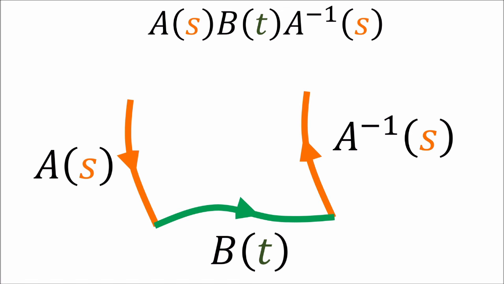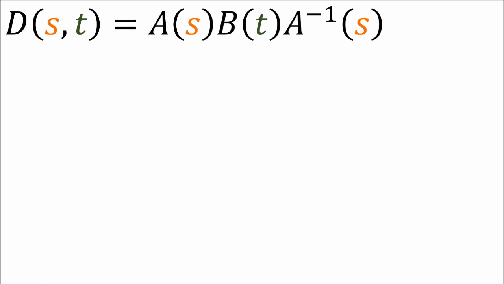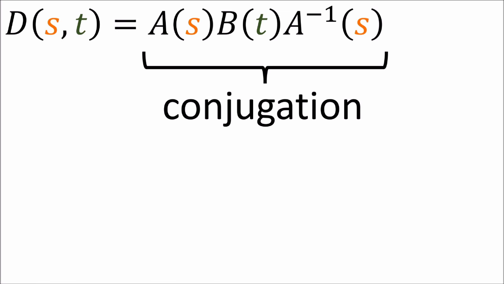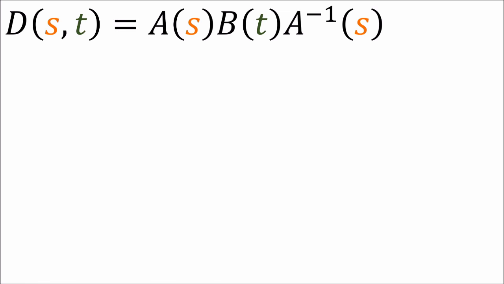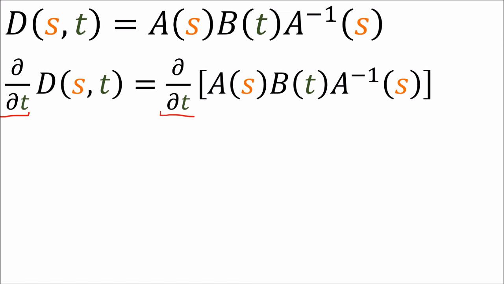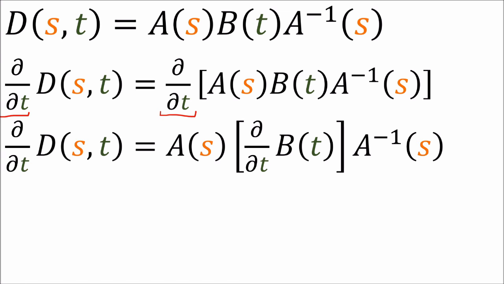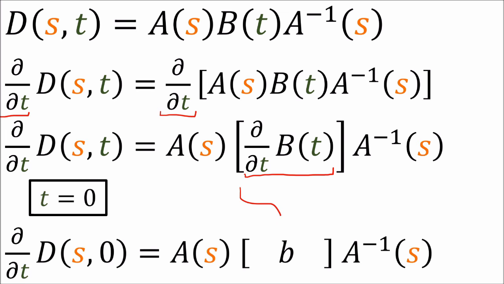We'll call this path d of s and t, and it has 2 parameters. This a b a inverse formula is called a conjugation. If we take a constant s and take the derivative with respect to t, the derivative only affects b of t, since a of s doesn't depend on t. Then if we set t equals 0, we get the Lie algebra generator small b.